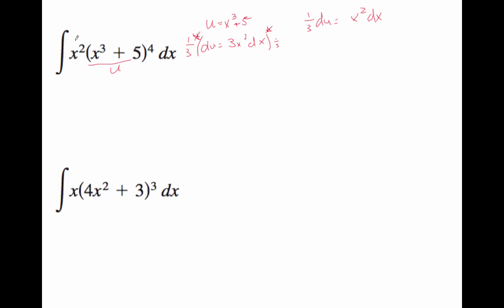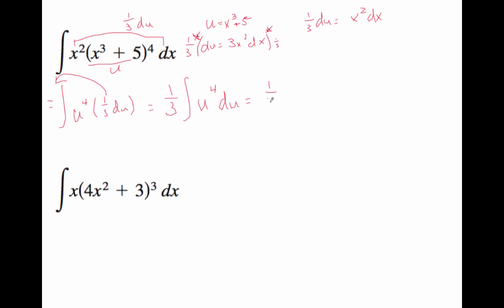And look at that. Now everything is written in terms of just u's. So the integral of x squared times the quantity x cubed plus 5 all to the 4th becomes u to the 4th times 1/3 du. And since 1/3 is nothing more than a constant, we can shove it to the left of the integral sign and make this 1/3 the integral of u to the 4th du, which again, the antiderivative of that is not that bad.